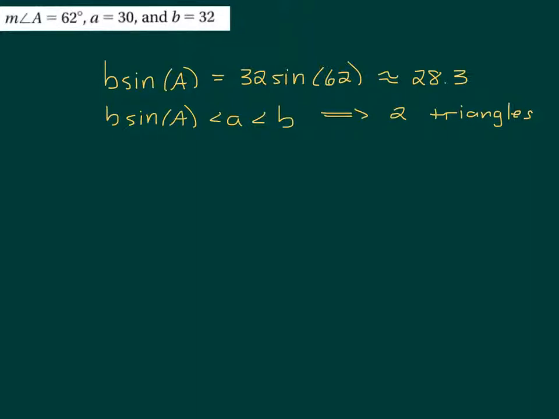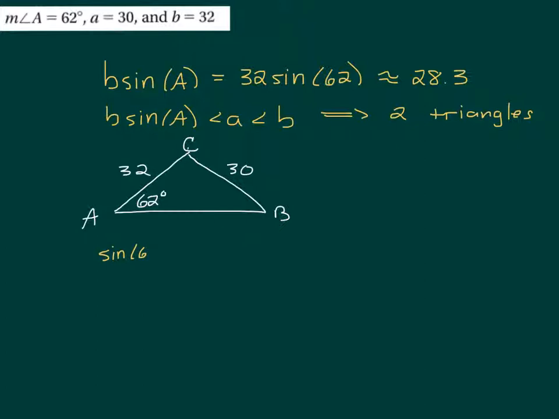So, we have triangle A, B, well no, this is C up here. A, B, C, we know this is 30, we know this is 32, we know this is 62 degrees. Let's solve this triangle. Start by finding the measure of angle B. We know sine of 62 over 30 is the sine of angle B over 32.